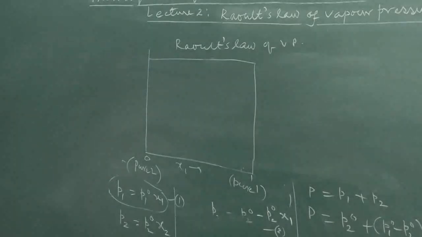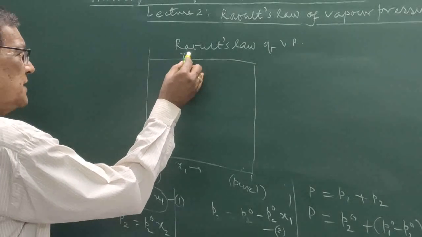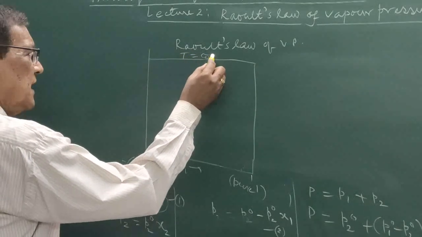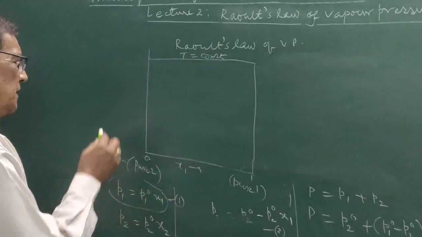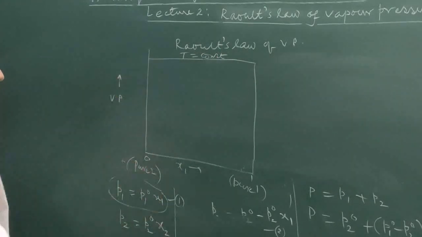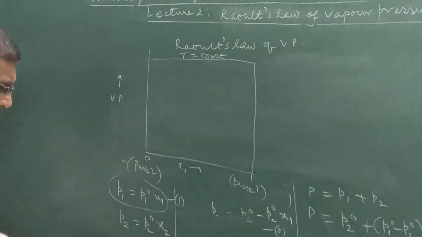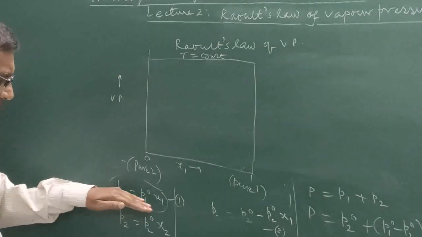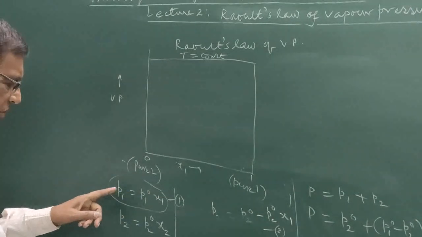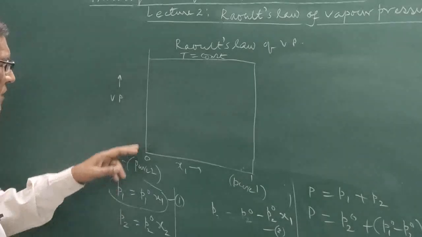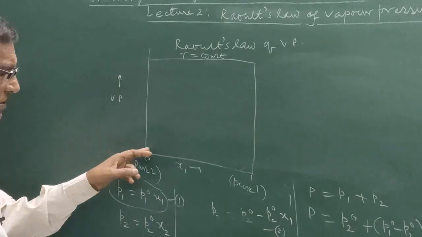So if we draw, the temperature is fixed, constant at a given temperature. We are drawing this graph. Here is the vapor pressure, and if we draw equation number 1, P1 is along this y-axis and X1 along this x-axis.